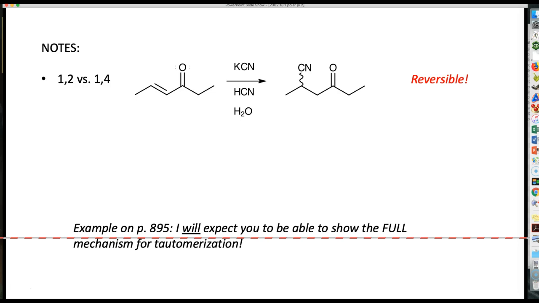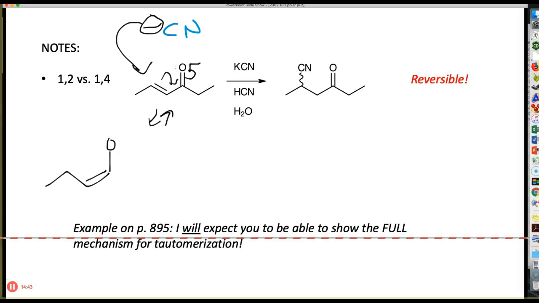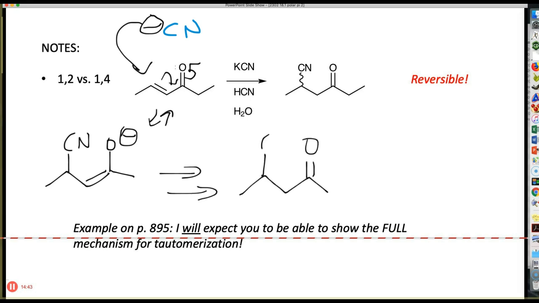All right, notice too that Carey gives you a nice example on page 895, but one thing he does that is not the coolest, and I actually just did the same thing, so let's go through this. I will definitely expect you to show me the rest of this mechanism. So this is going to give me this guy, and Carey just shows a couple of arrows going to this guy.